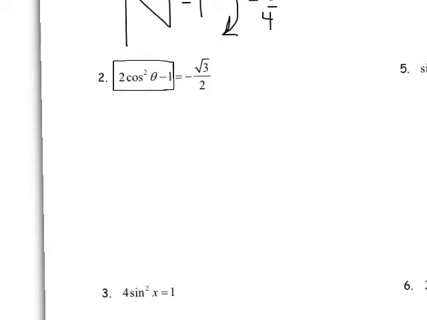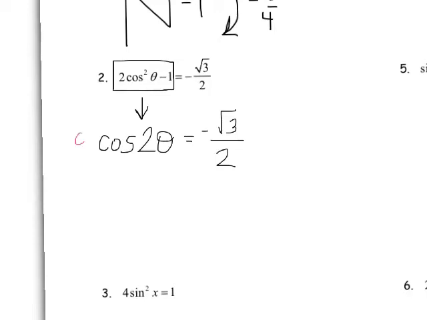So try to match it up, and it actually does match up exactly to cosine that's a double argument, 2 theta. So we've just taken that left-hand side and made it, in my opinion, much, much easier.